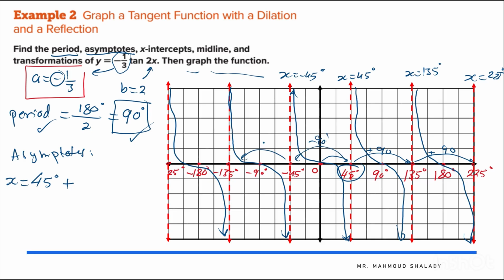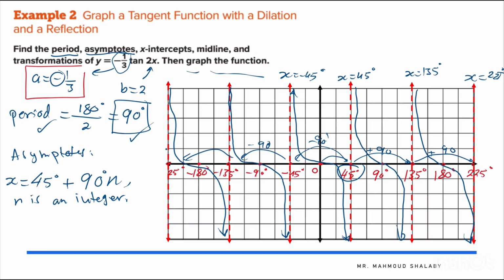So we start with 45 degrees and it will be repeated every 90 degrees. Every 90 means I will add here, and you have to explain that n is an integer. You have to write this to show what n is. So n is an integer, right?